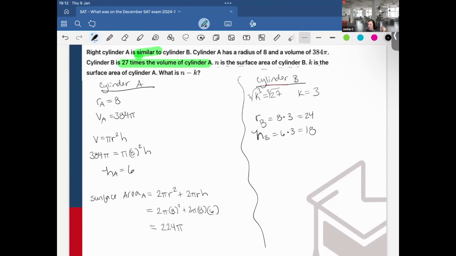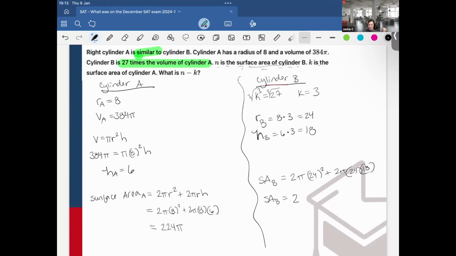And I want the surface area of cylinder B. So the surface area of B is going to be 2 pi 24 squared plus 2 pi 24 times 18.